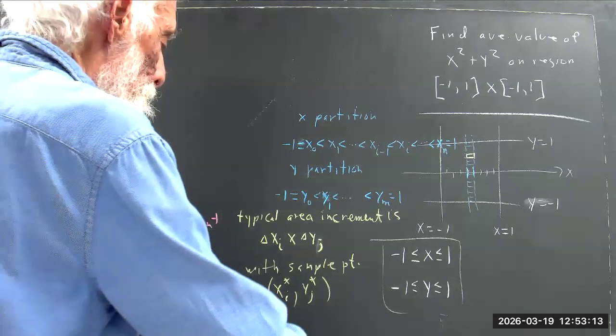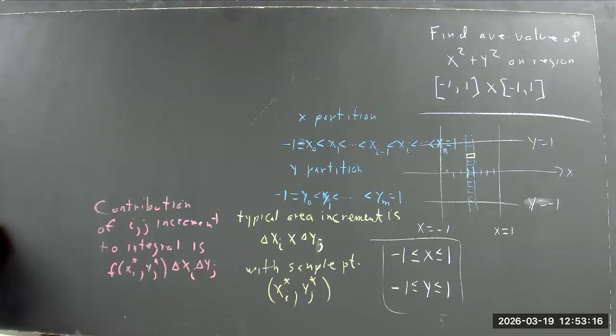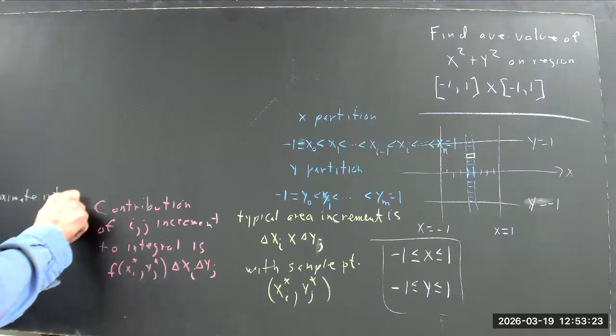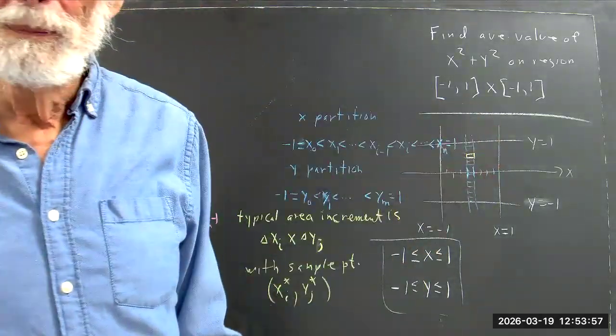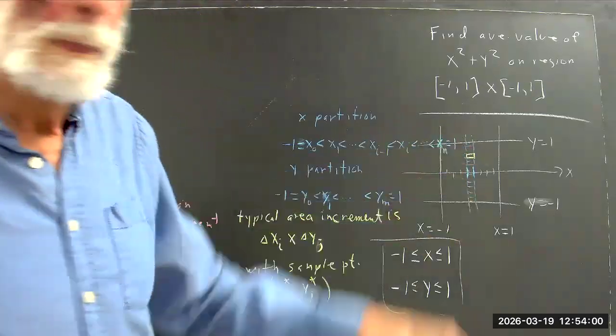The approximate integral, it's a sum from i equals 1 to n, sum over all your x partitions of the sum over all your y partitions.